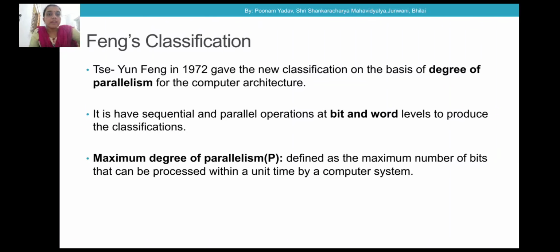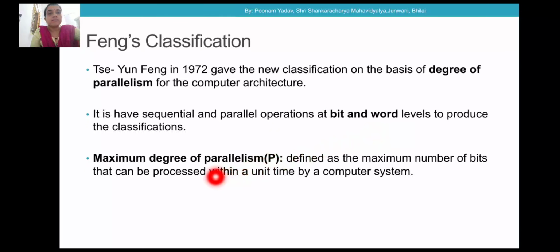Okay, so Fang in 1972 gave a new classification on the basis of degree of parallelism for computer architecture. It has sequential and parallel operations at bit and word level to produce the classification, using the concept of bit and word.